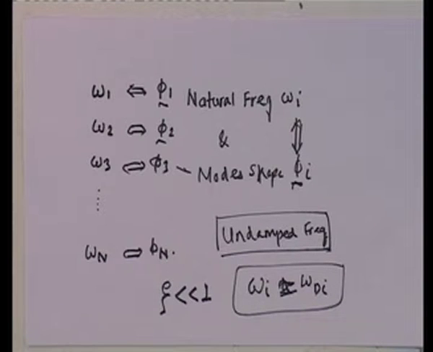So, we do not really need to find out omega d i, we are happy with finding out omega i and going with it. Primarily because you can't really find out damped frequencies until and unless you have a C matrix also established.